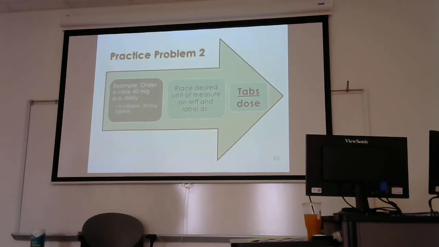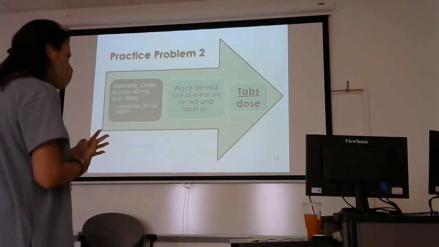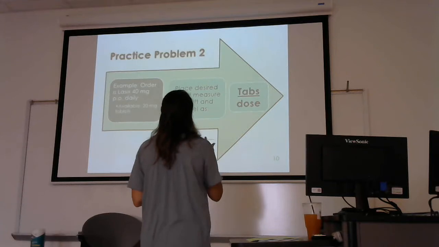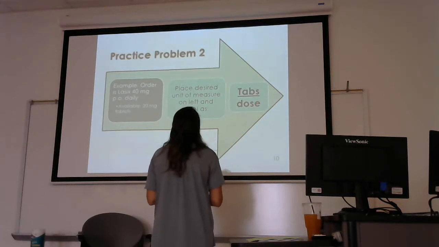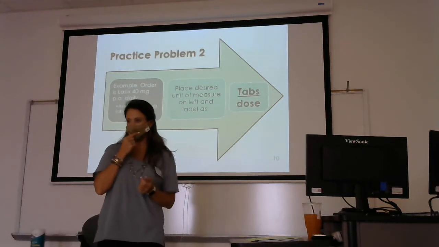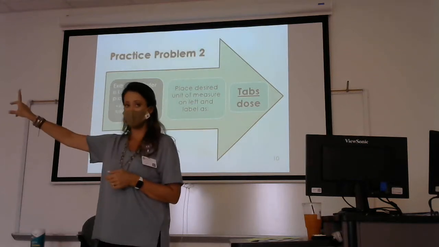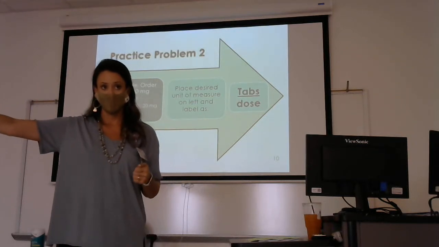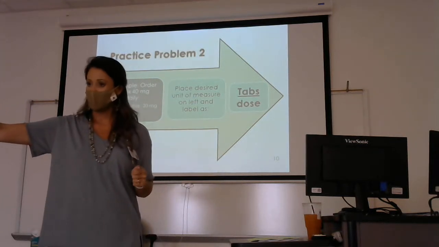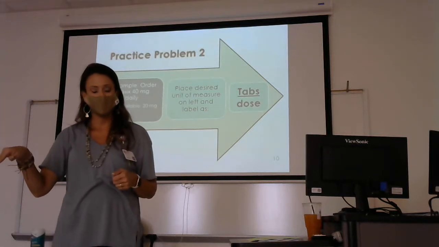If I have blank tabs, or if I have blank milliliters, that means how many milliliters per dose. Unless it's specified, milliliters per hour, milliliters per minute, it is per dose. So this would be how many tabs per dose. What would go on top, starting off first? 1 tab, and that's equivalent to?